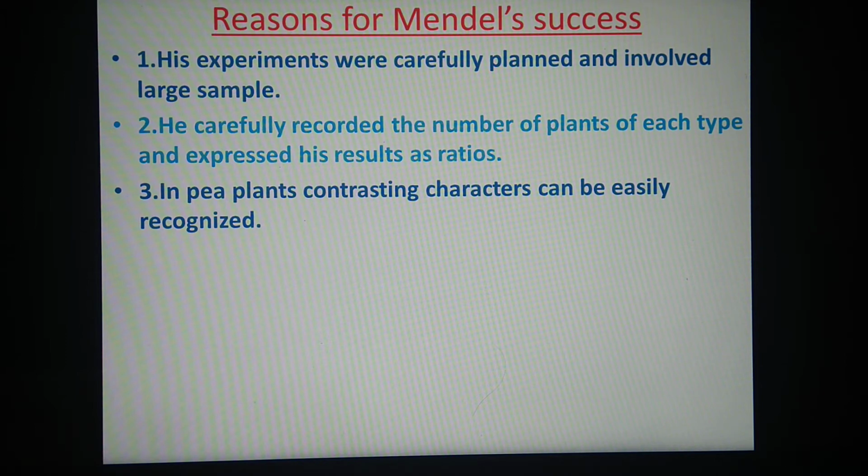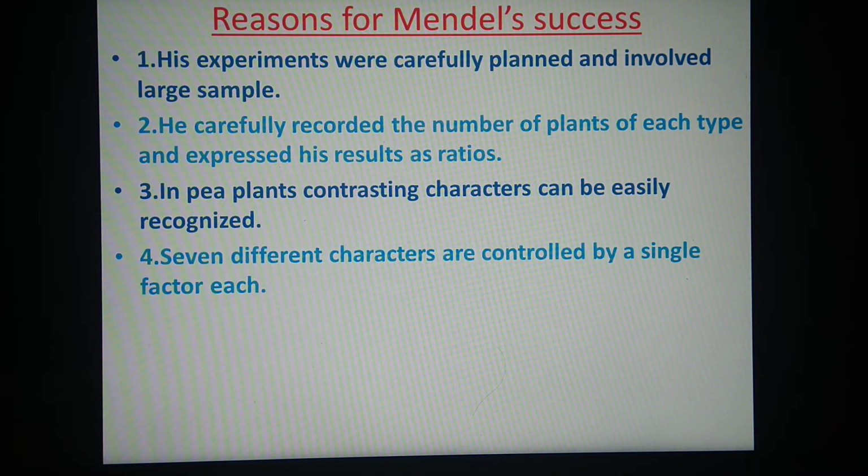These characters, like round and wrinkled seed, yellow and green seed color, inflated and constricted pod shape, are all seen very properly, and because of that we can identify the contrasting characters and their inheritance. Next, 7 different characters are controlled by a single factor each.